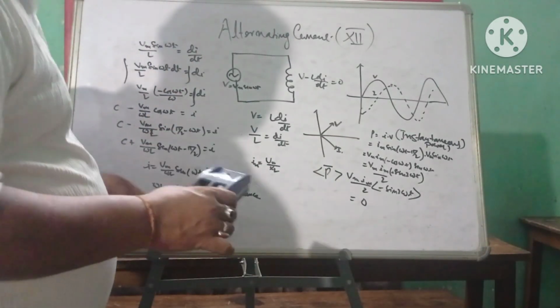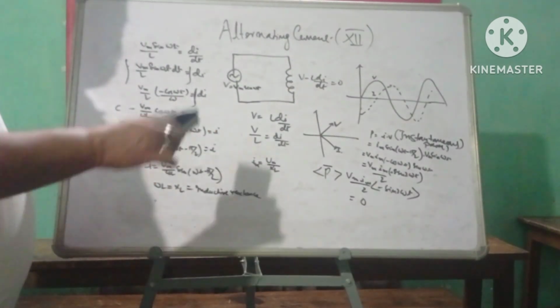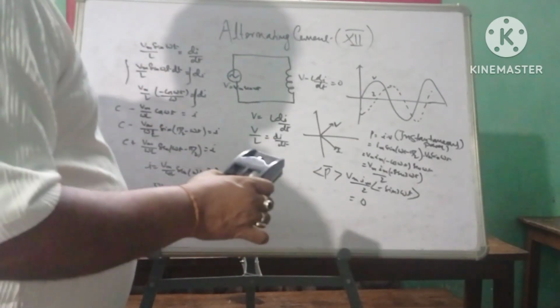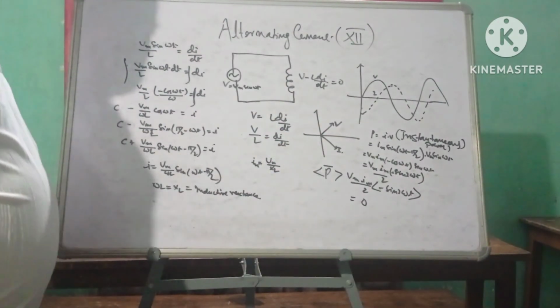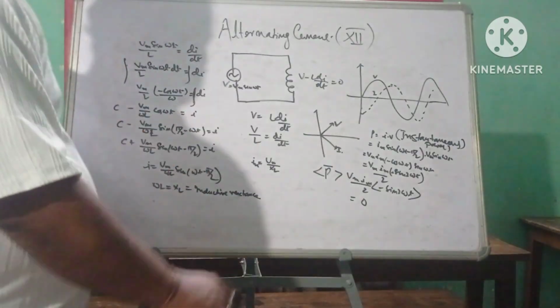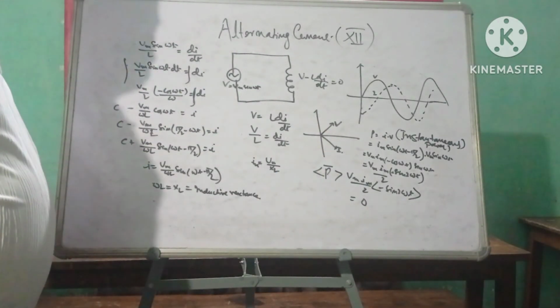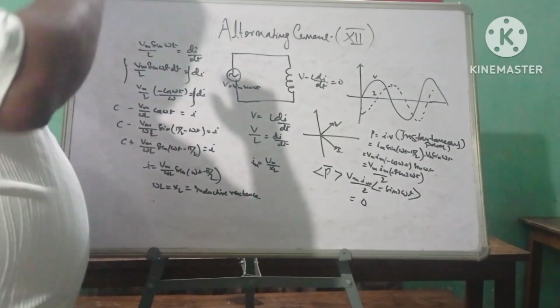Why? You have to ask why we went for instantaneous power. Because your current and voltage are changing with time. When we find this instantaneous power, then we are able to find the average power for one cycle.